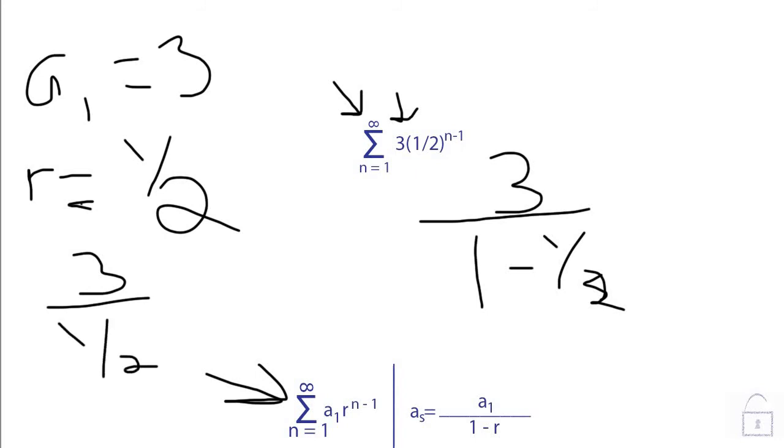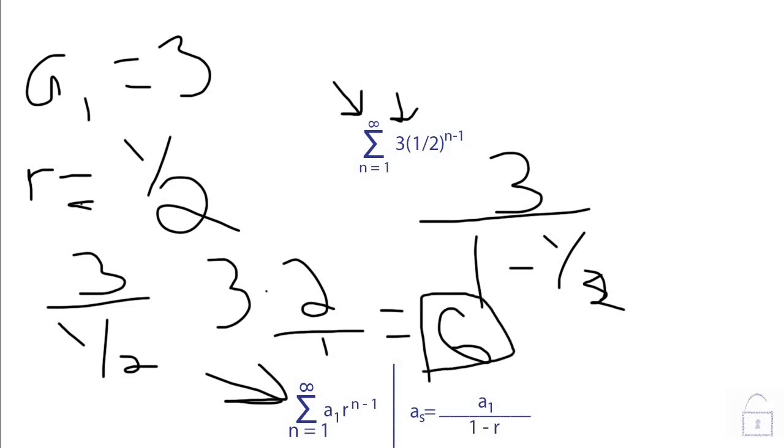So now to solve this, we can multiply by the reciprocal of this function on the bottom. So we'll get 3 times 2 over 1. And this is just equal to 6. So our answer for this problem is 6.